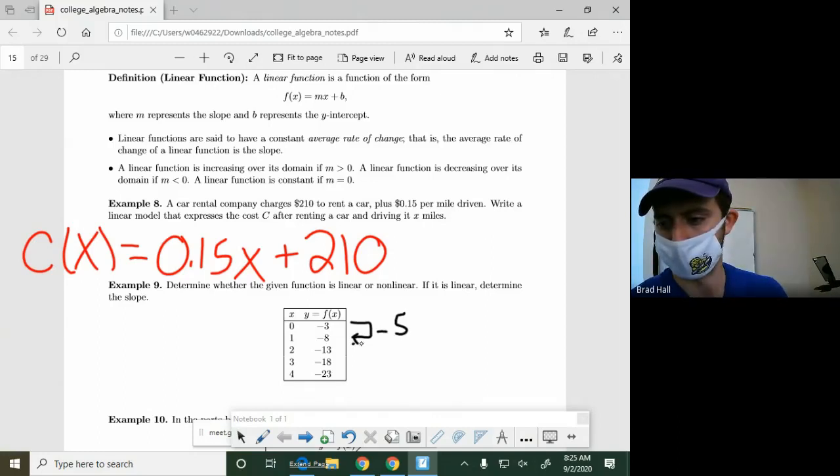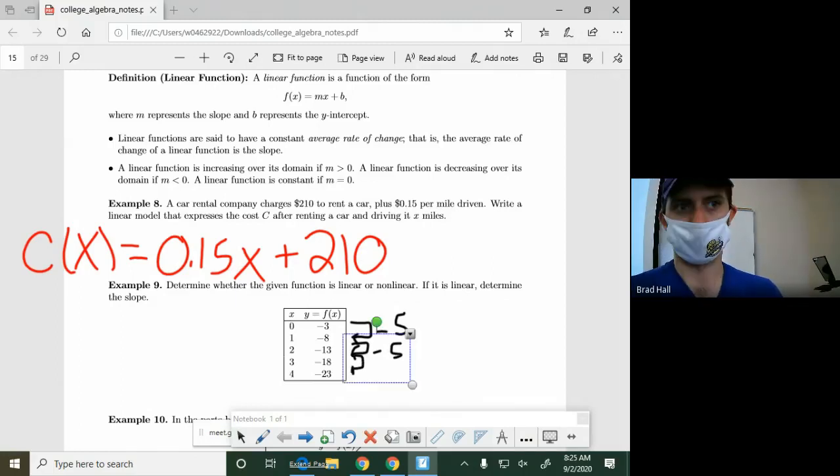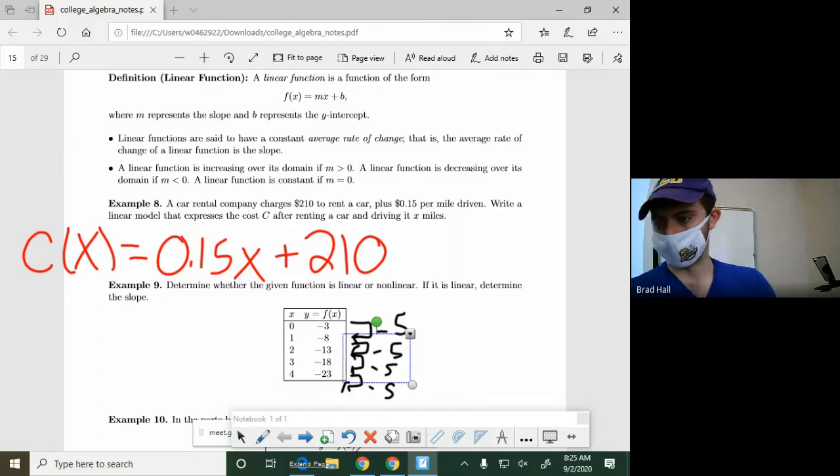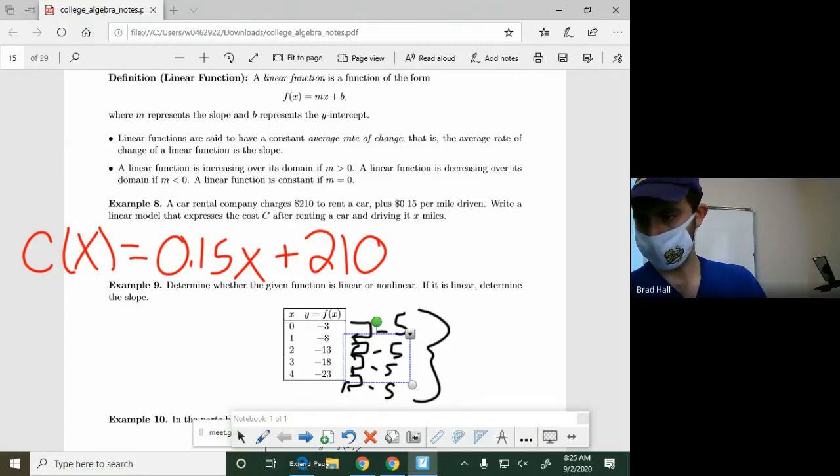The difference between -8 and -13 seems to be -5. That's an interesting pattern. Negative 13 and negative 18, negative 5. And then negative 18 and negative 23, negative 5. Okay, well, is that a coincidence that we got the same value? In essence, what this means is it is a linear trend.